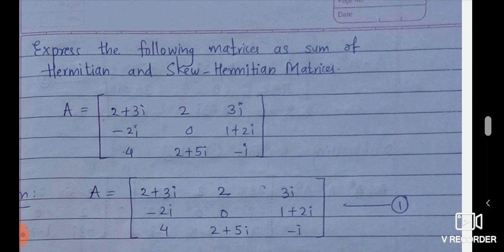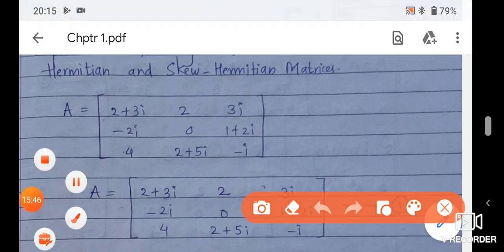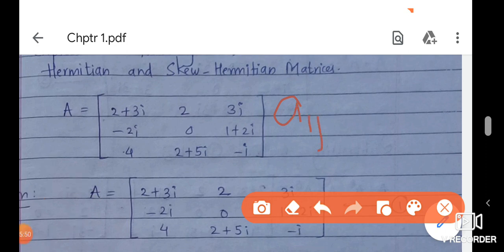See, the condition for skew Hermitian was what? It was Aij equals minus Aji bar. Correct. So Aij and Aji, these are transposes of each other. Correct. They are opposite. And again you're taking the bar, that means you're taking the conjugate also.